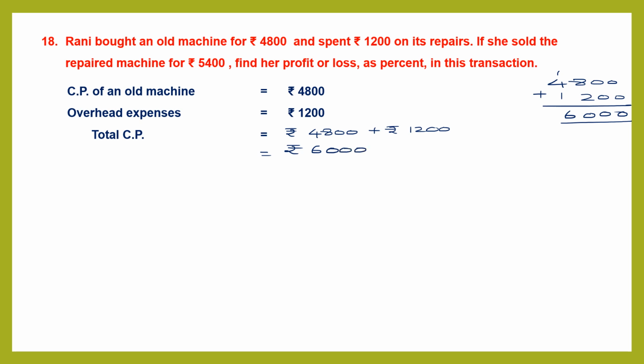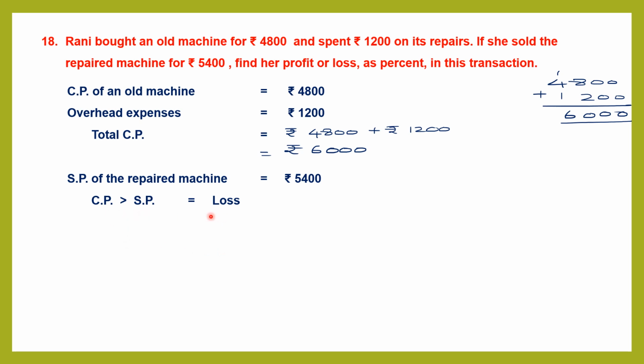So now we know the total cost price. The selling price is given to us. Let's write that down. The selling price of the repaired machine is 5,400 rupees. So cost price is 6,000, selling price is 5,400. We can see that the cost price is more than the selling price. That means there was a loss. So when the cost price is greater, there is a loss.